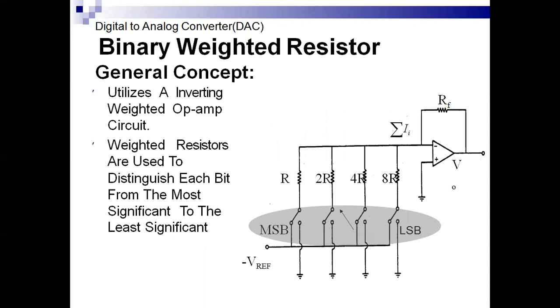First, binary weighted resistor. The general concept of this circuit is that it utilizes an inverting weighted op-amp circuit. Weighted resistors are used to distinguish each bit from the most significant to the least significant.